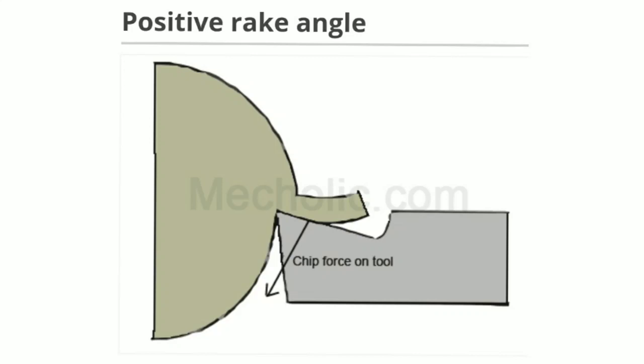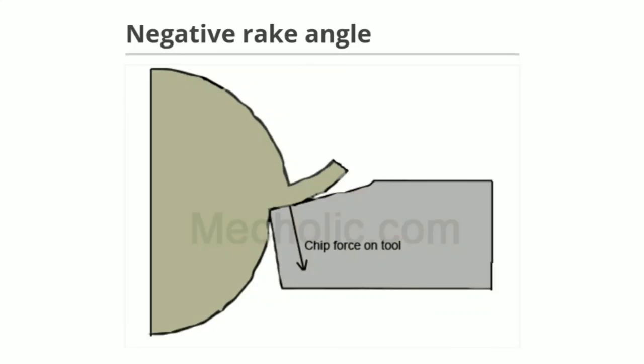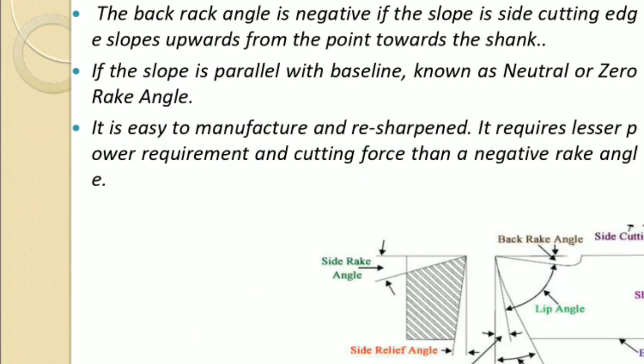It is used for ductile material. If the side cutting edge and top face of the tool slope upwards from the cutting point to the shank, it is called negative rake angle and it is used for brittle material. If the slope is parallel to the baseline, then it is known as neutral or zero rake angle.